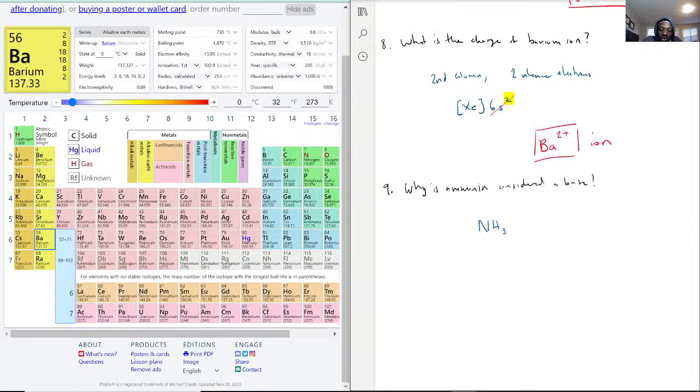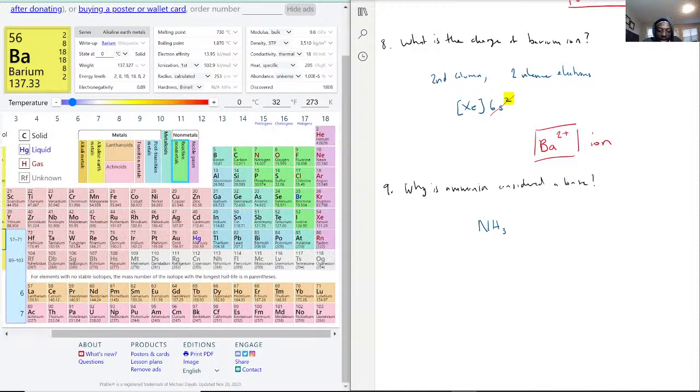So nitrogen, not only is it in the 15th column, but when you do its electron configuration, you start first with helium, and then for the valence shell it'd be 2s2 2p3, indicating it has 5 valence electrons.